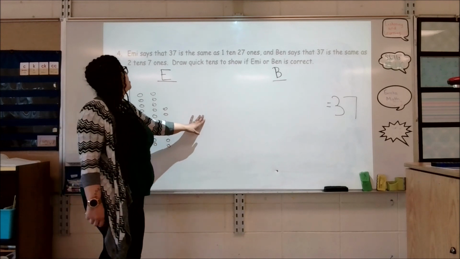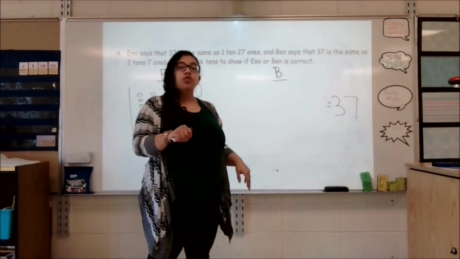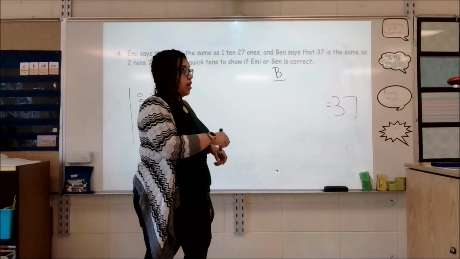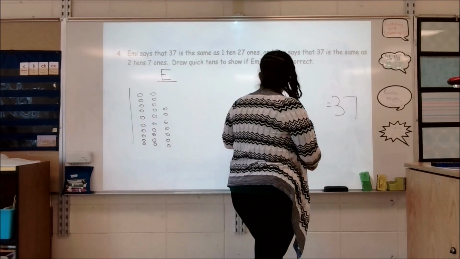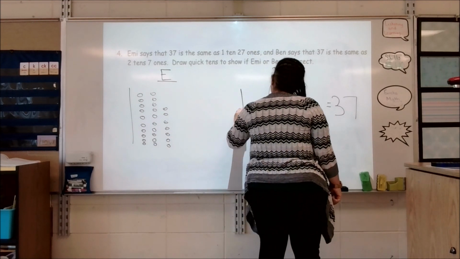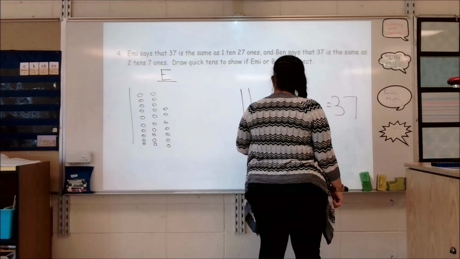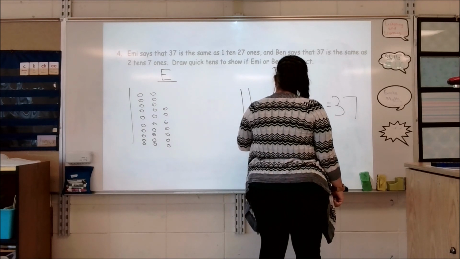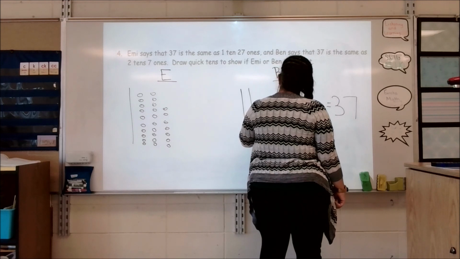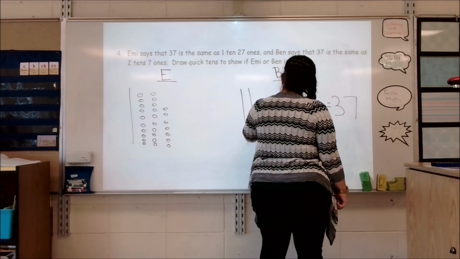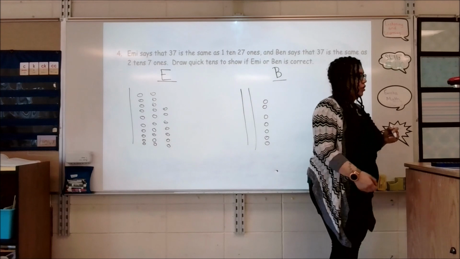And Ben says that 37 is the same as 2 10s and 7 ones. Well, let's draw what Ben believes. 2 10s and 1, 2, 3, 4, 5, 6, 7 ones. Whew, that was a much easier picture.